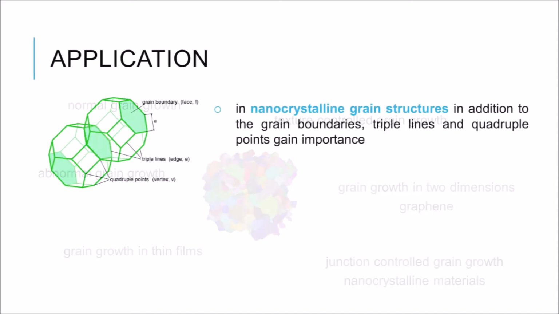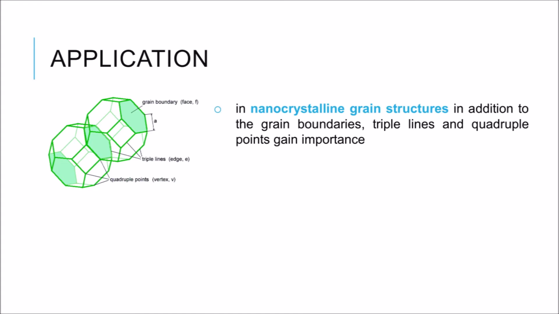What is known is that in nanocrystalline grain structures, in addition to the grain boundaries, the triple lines and the quadruple points gain importance. And this is simply due to the fact, if you think about it, compared to your microcrystalline sample, a nanocrystalline sample, if it has the same total size, contains the same volume, of course.